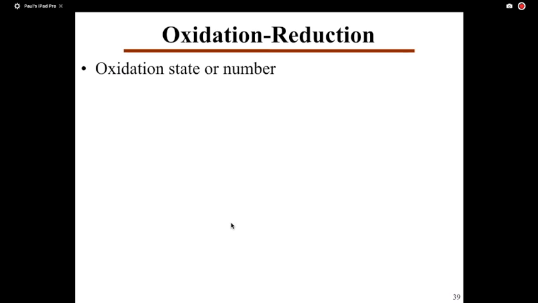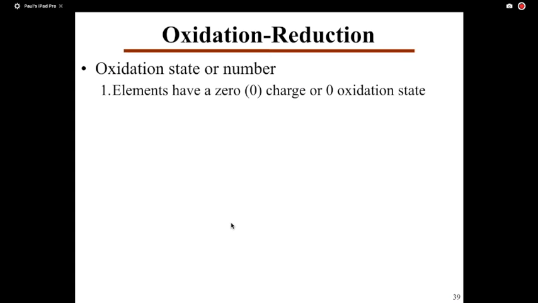And we can predict a lot of them. But sometimes we cannot predict. Okay, so I'm going to give you some rules. An element, the elemental form, has an oxidation state of 0. It has not lost nor gained electrons, so it is 0. Okay, so that's simple. Elements have an oxidation state of 0.